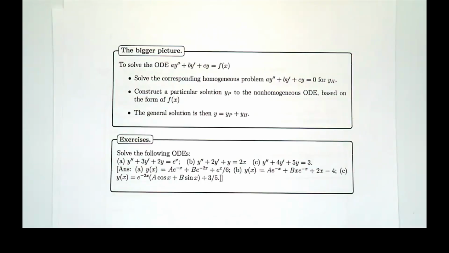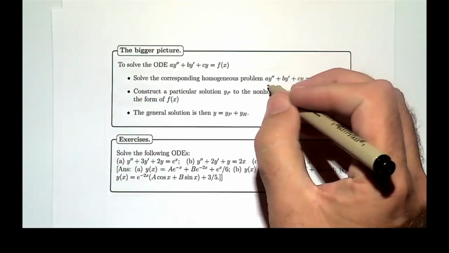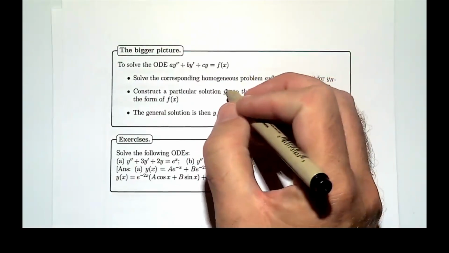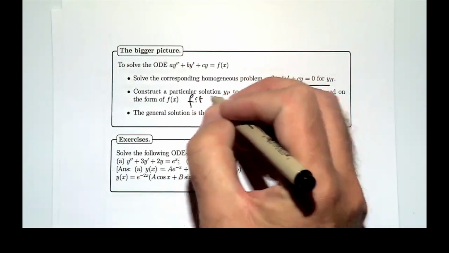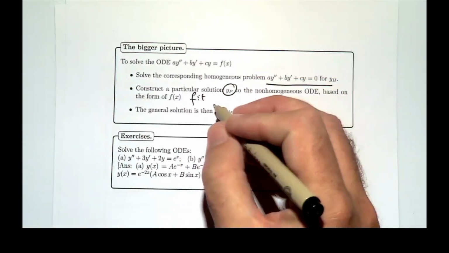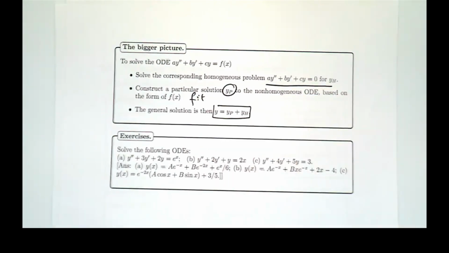If you've got a non-homogeneous equation, you fit a solution. So basically you solve the homogeneous one, great. You fit a new solution based on the right-hand side, and then just add the two things together, okay?